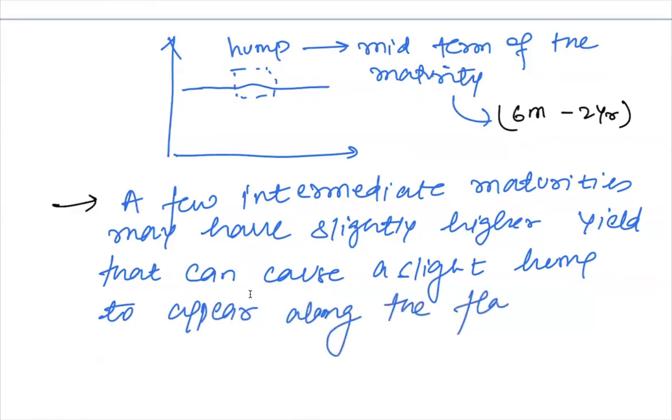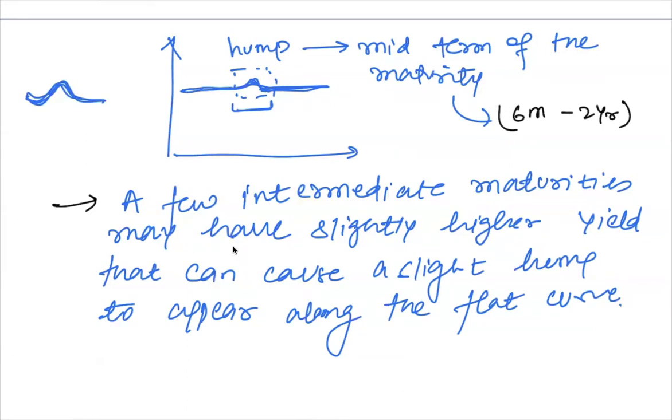Is this concept clear to everyone? What you will see is the yield is almost the same for most of the maturities. Only for a few maturities you'll see a shape like this, a bump shape.